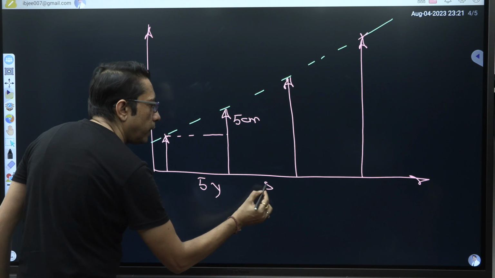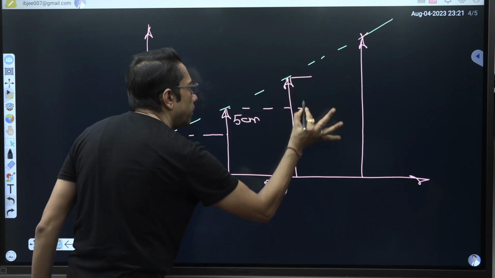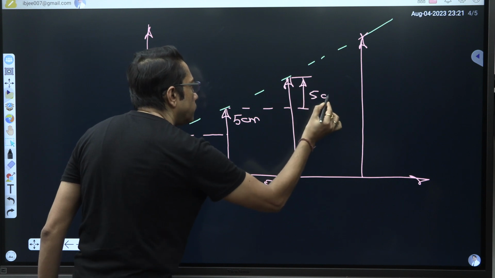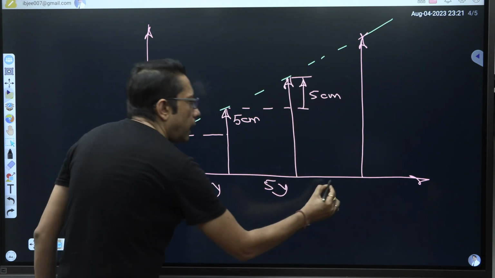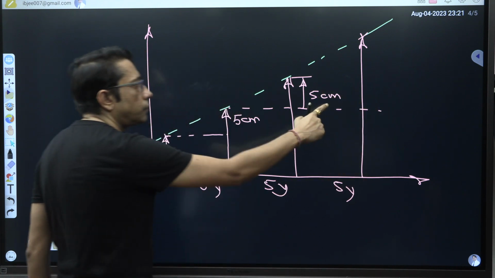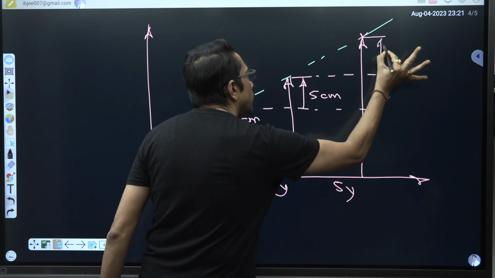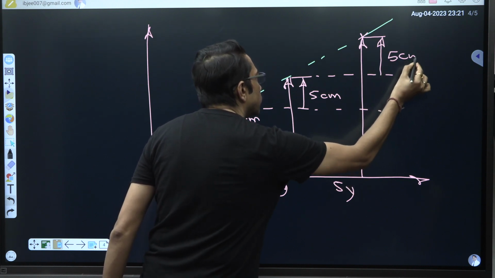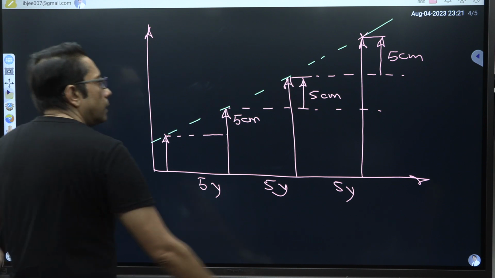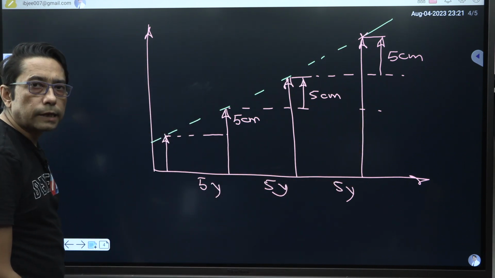Then after the next 5 years, if the rise in height is again the same, how much? 5 centimeter. Then after another 5 years, the rise in height, not from here but from here, is again 5 centimeter. Then we say that the rate of increase has been constant.